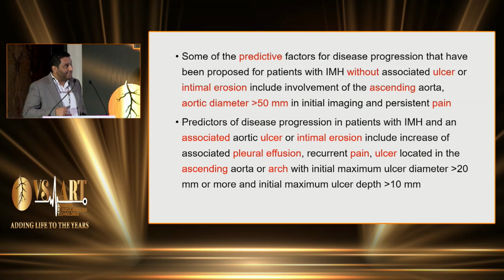There are also some predictors from the paper I mentioned, with or without an ulcer or intimal erosion, that can indicate progression of this intramural hematoma to a more serious event, especially if there is involvement of the ascending aorta, increasing size of the aorta, pleural effusion, chest pain, ulceration of the ascending aorta, and of course the diameters of these lesions.